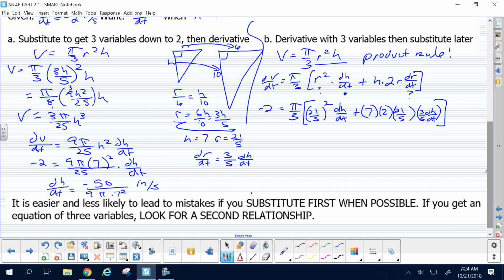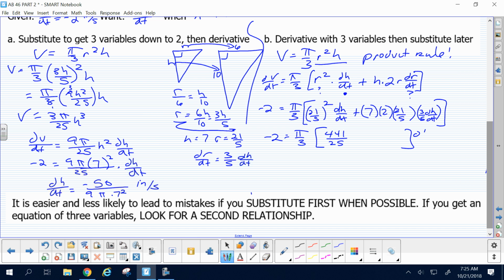Now, this is a mess, but you have a common factor of dH/dt. So you can pull a dH/dt out. I guess the best way to go is to clean up this big mess and go something like this is 441 over 25.